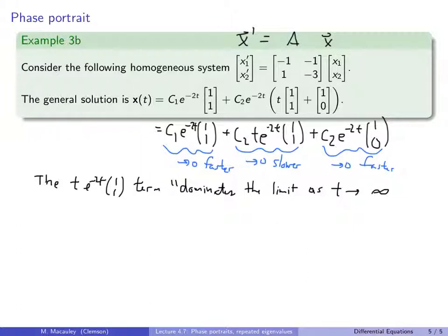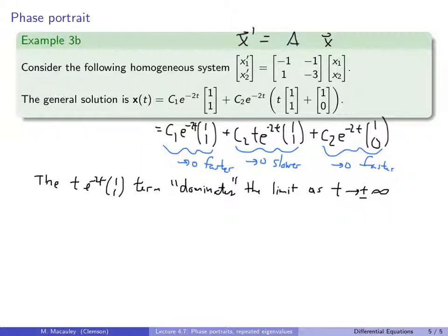So not only does this term dominate the limit as t goes to infinity, but it dominates the limit as t goes to negative infinity as well. So I'm going to say as t goes to plus and minus infinity.